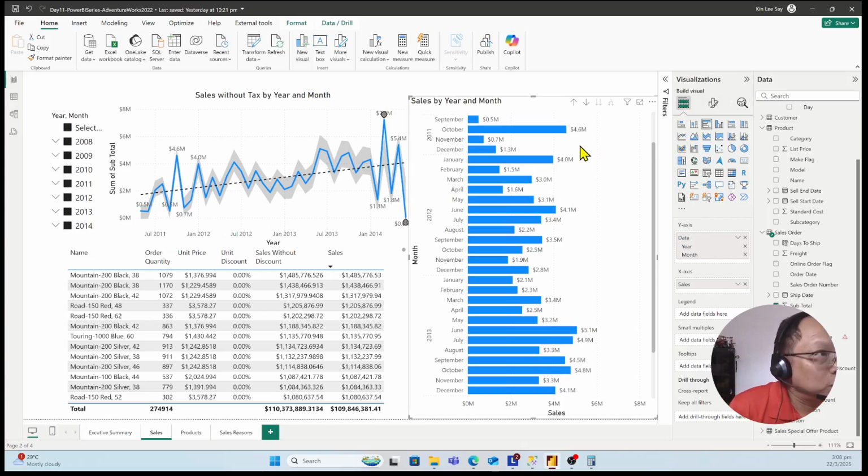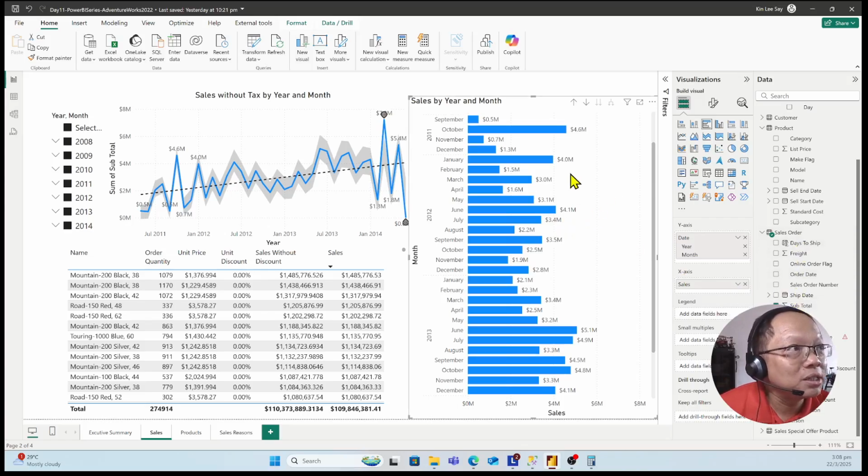So I've also plotted a clustered bar chart with the year and month on the y-axis, and then the x-axis, which is the sales. And this sales actually points to the subtotal, which is the sum of the subtotal which I've just displayed on the sales order table.